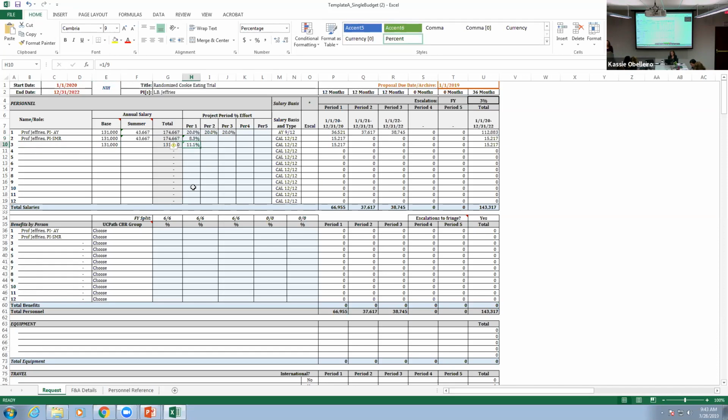Now, if you had a professor that never took summer salary, they weren't allowed, they went to the Bahamas, they don't do research, which is not likely, they were never going to get summer, then this 11%, this 1 month, could actually be 11% of their total pie, right? Because that's all they do. But that's not likely. We don't plan that way, right? Because we want our best estimate.